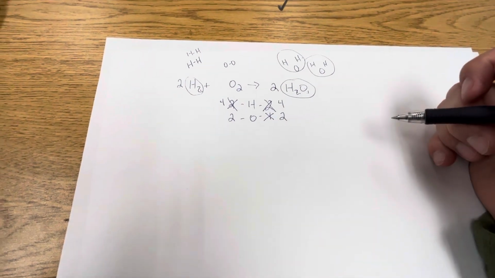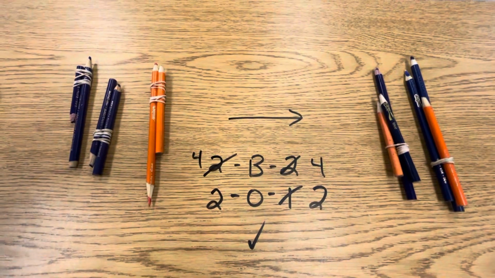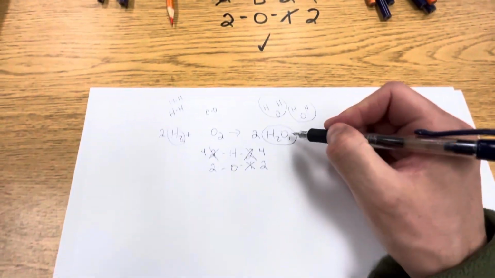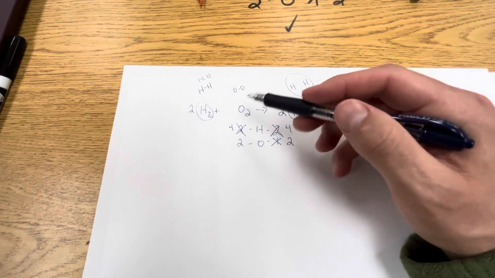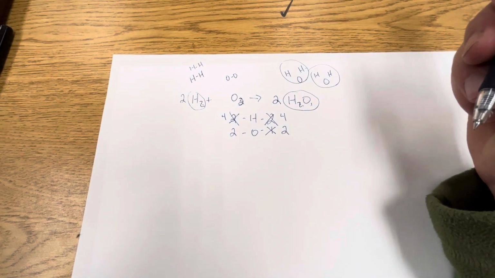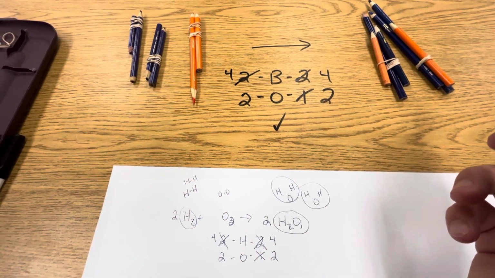And that's how we balance chemical equations. If it helps to think of actual objects that you cannot take apart, you cannot just take oxygen apart from the water molecule or something similar, or make this an O3. We're not doing that. You can't do that. So I hope this helps in balancing chemical reaction formulas or chemical formulas.